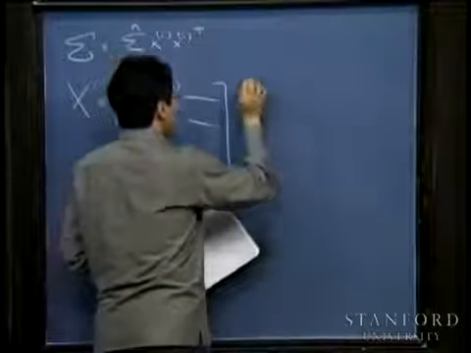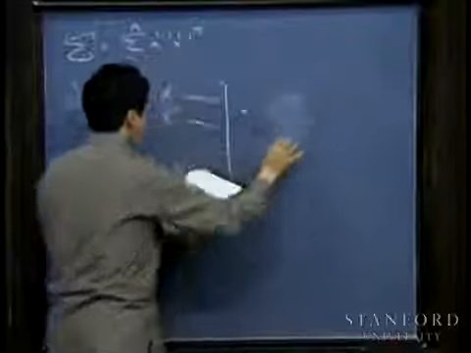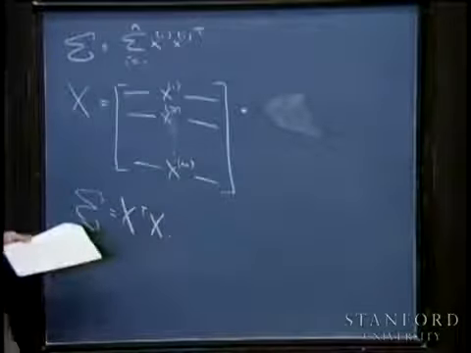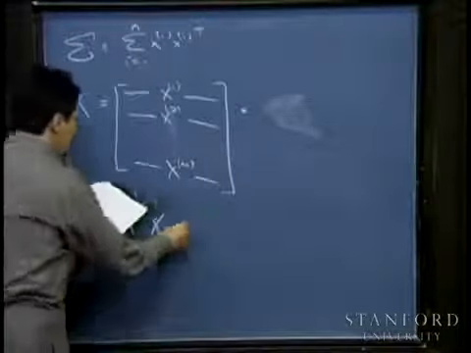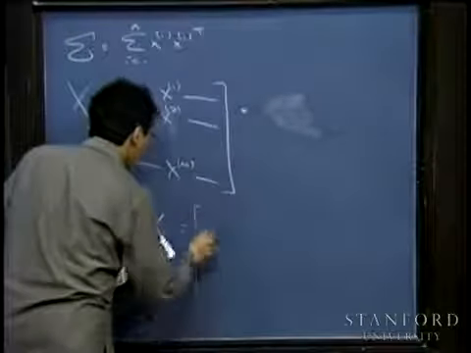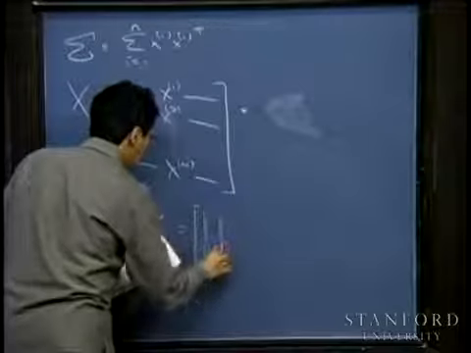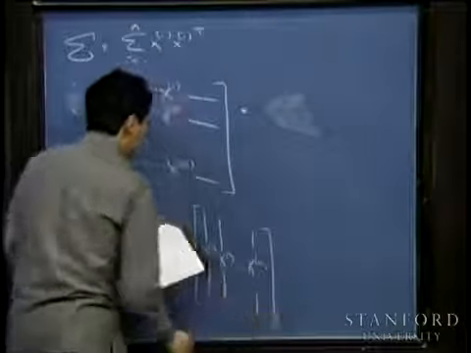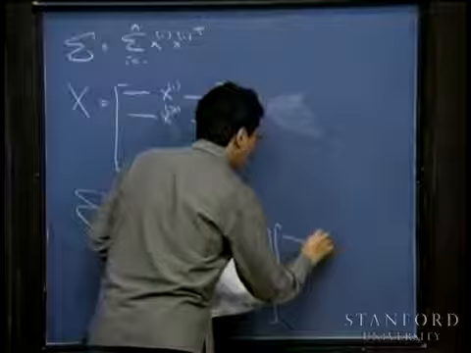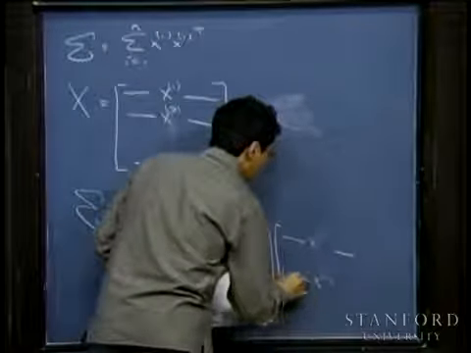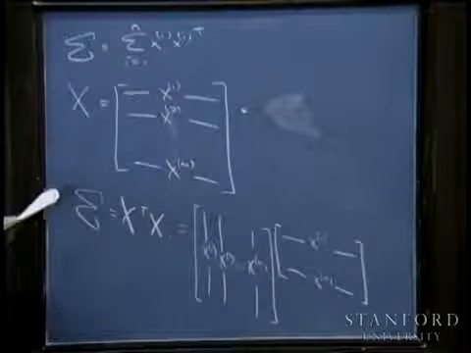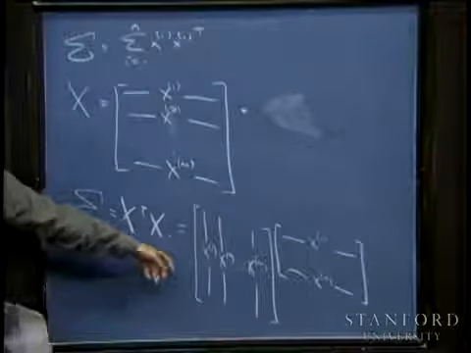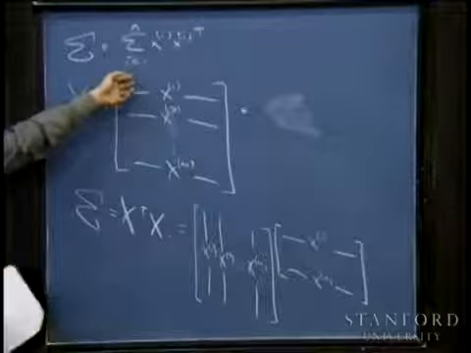So if you construct the design matrix, then the covariance matrix sigma can be written just as X transpose X. Right, that's X transpose, and here's X. I hope you see why X transpose X gives you the sum of outer products of vectors.